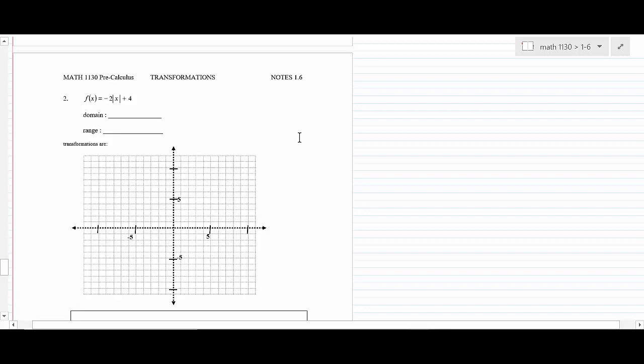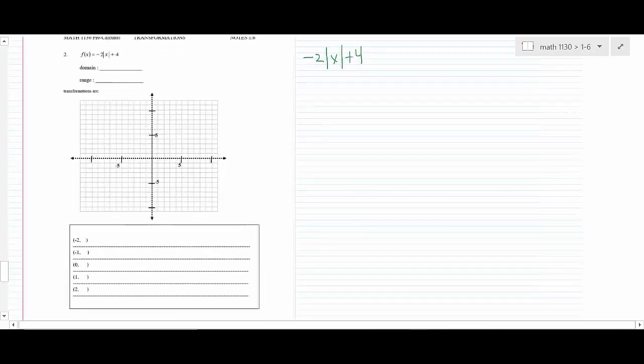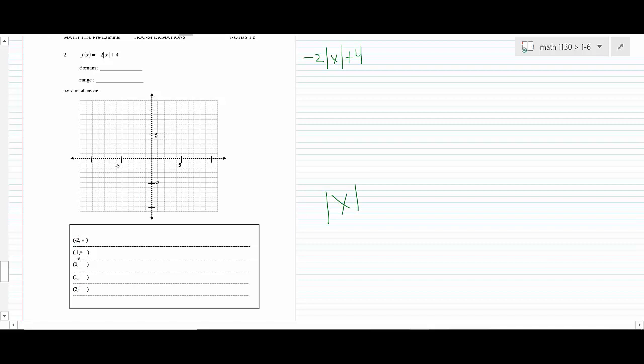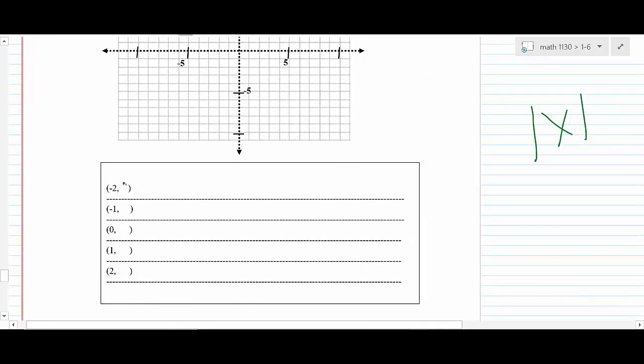What's happening with this one is the key thing is you have to know the order of how these transformations go. The first thing is we're just doing the absolute value of x, and I'm just picking these x values. Let's fill in those x values. All you're doing is the absolute value, so that would be 2, 1, 0, 1, and 2.